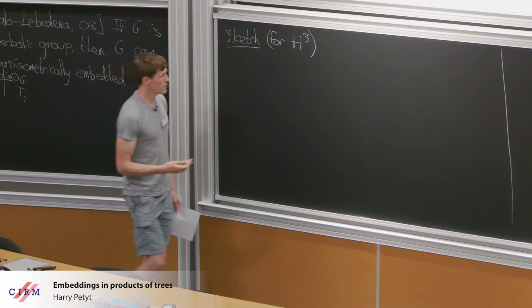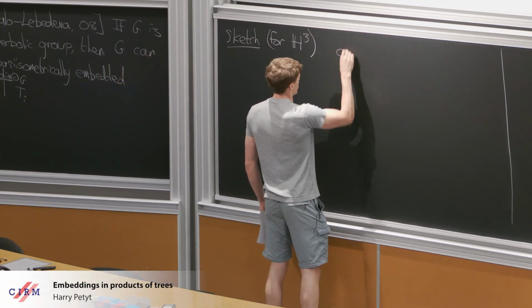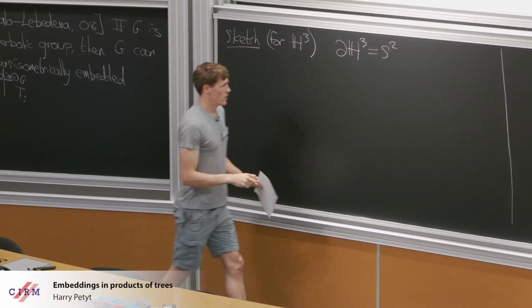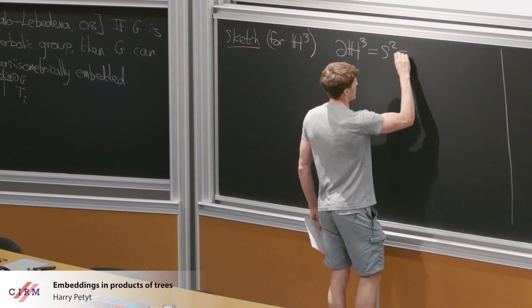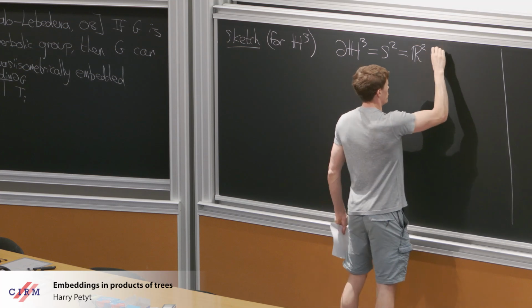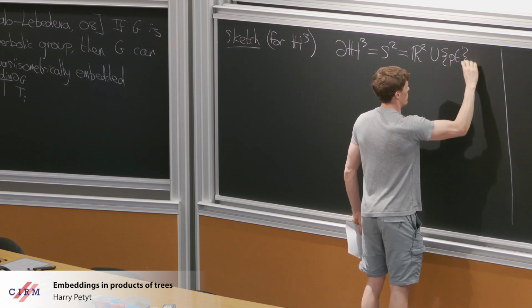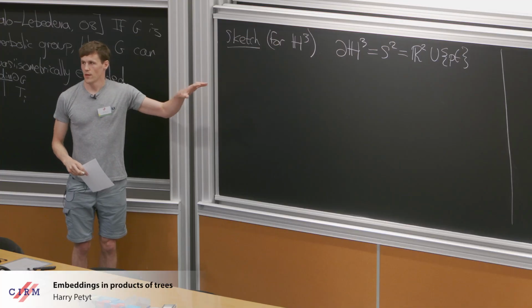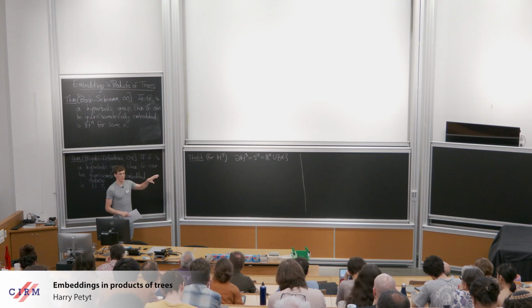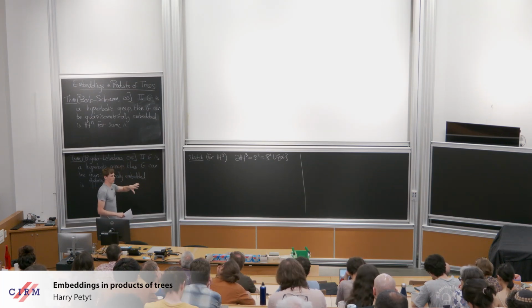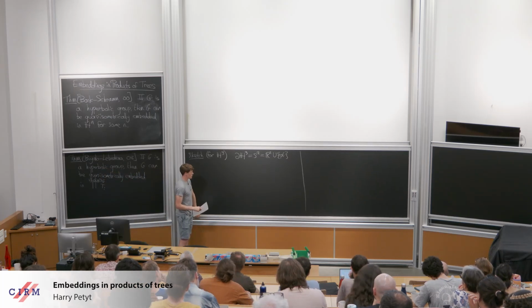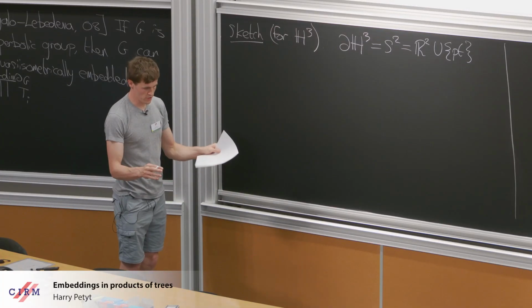Its boundary is the two-sphere, which I'm going to think of as the plane union a point. And just to make my own life easier, I'm just going to forget about that point and just draw pictures in the plane. It's to be understood that these things are really happening in the sphere. Okay, so I've got the sphere, which I'm going to think of as the plane.